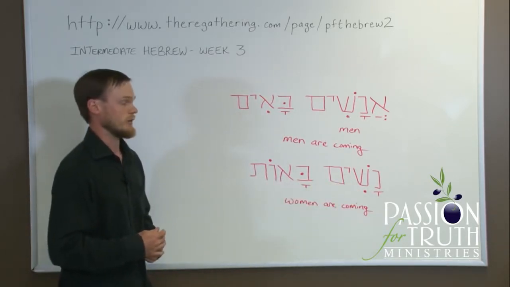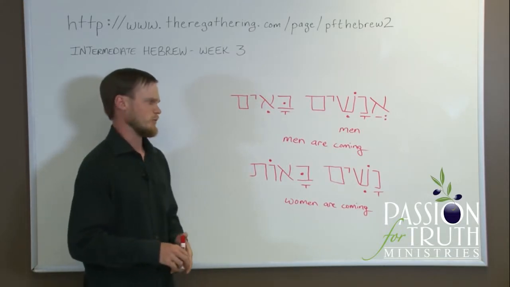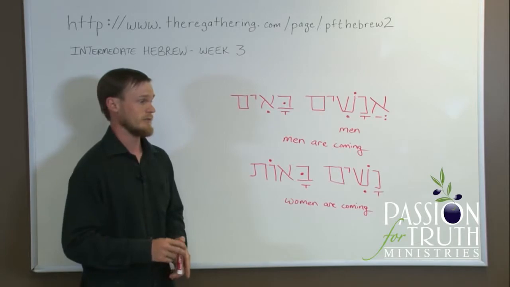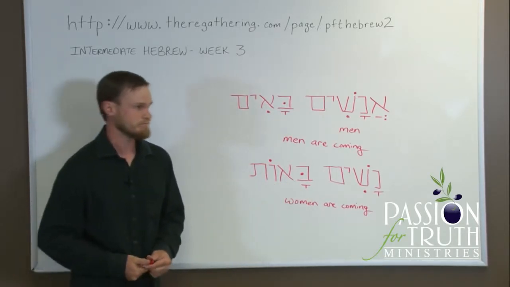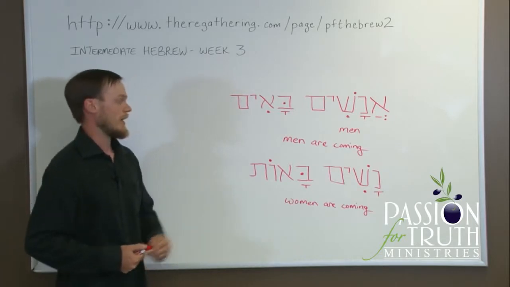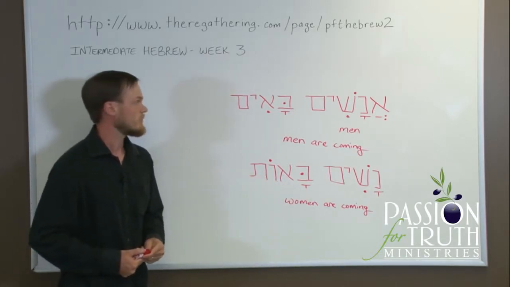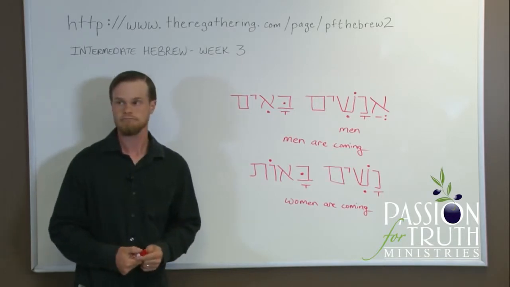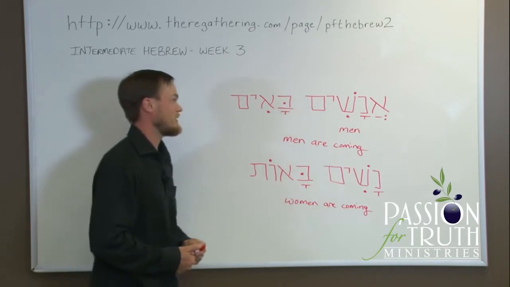So when we look into the scriptures to try to piece together, okay, is this word singular, is it plural, is it masculine, is it feminine, the verbs are our indicators. Because the verbs don't have those kinds of irregularities. When a verb's plural, it's plural. And when it's singular, it's singular.